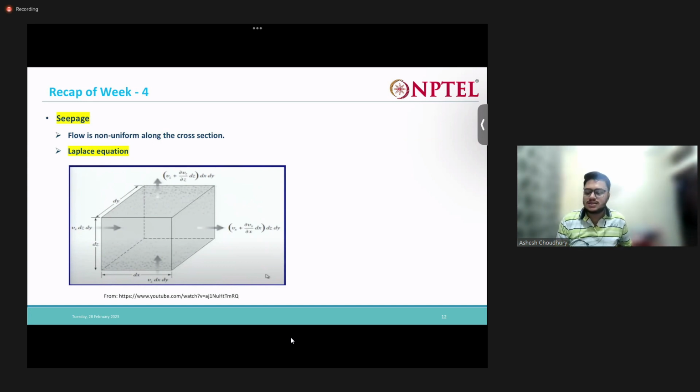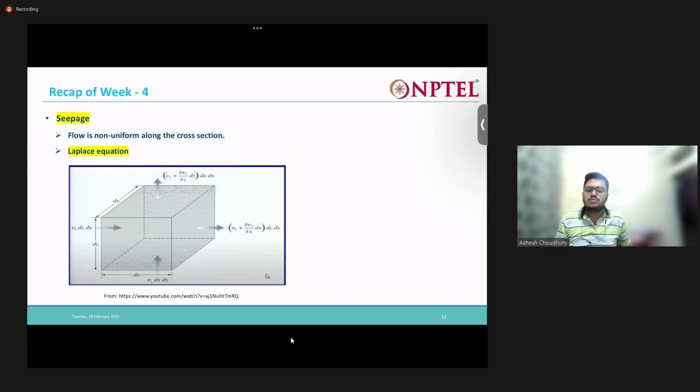Also, why is the study of seepage important? The study of seepage is very important because we have many offshore structures like sheet pile walls. In sheet pile walls, we need to determine the flow of water which is crossing our barrier, the sheet pile. And also in the case of earth dams, we need to find out what is the water that is seeping through the earth dam.